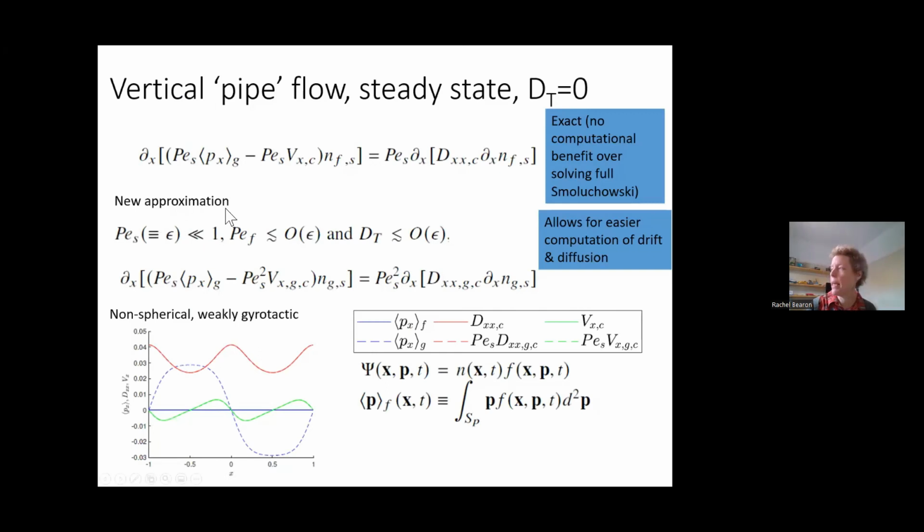It will be a similar approximation to the asymptotics that I was doing a moment ago, in terms of assuming that the swimming speed is small, a diffusive approximation where the correlation length and timescales will be small relative to some larger scale processes.